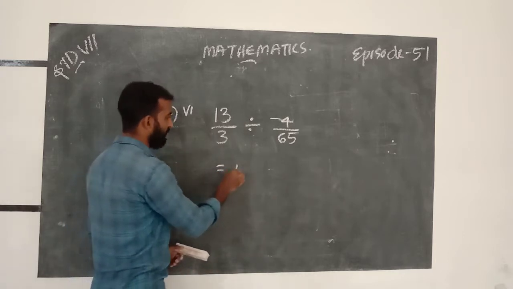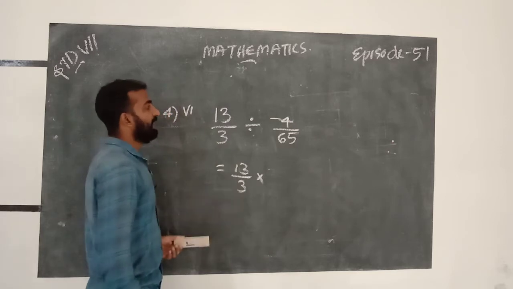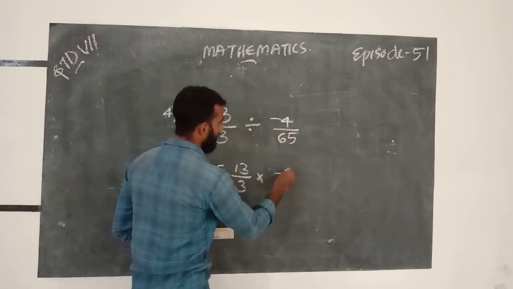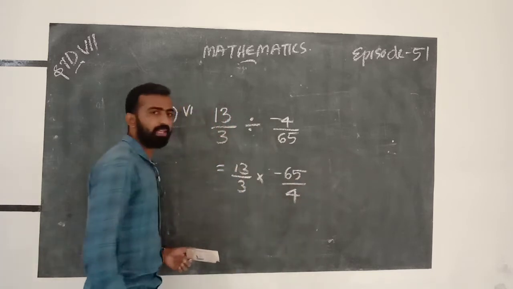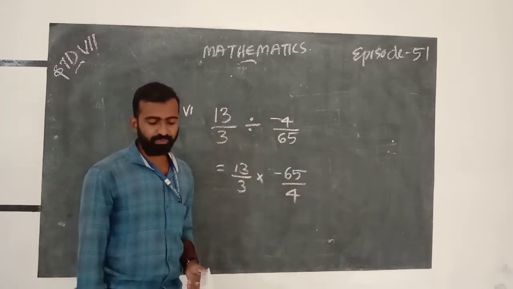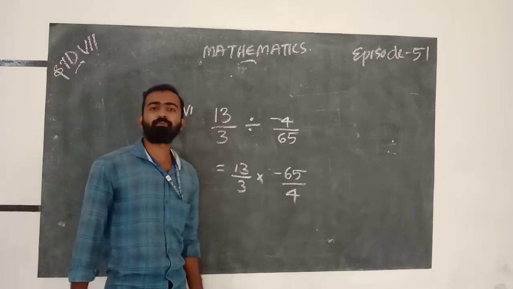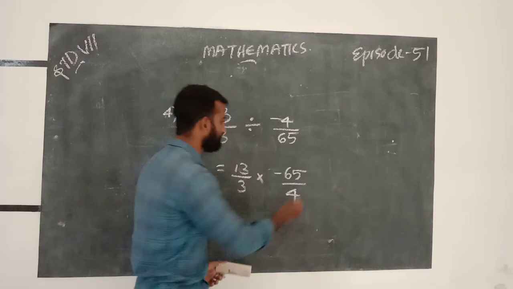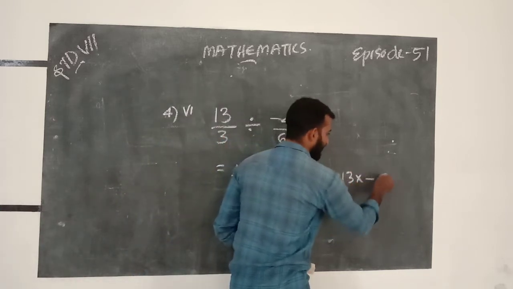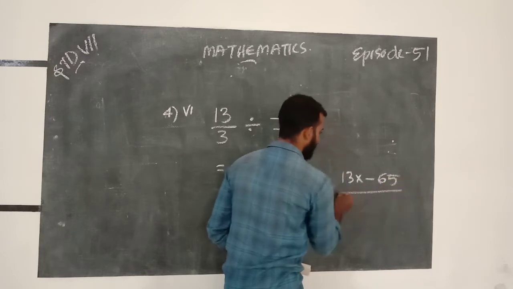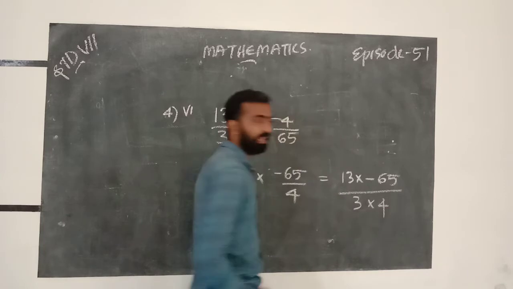That is equal to 13 by 3 into negative 65 by 4. We can write it as 13 into negative 65 by 3 into 4.